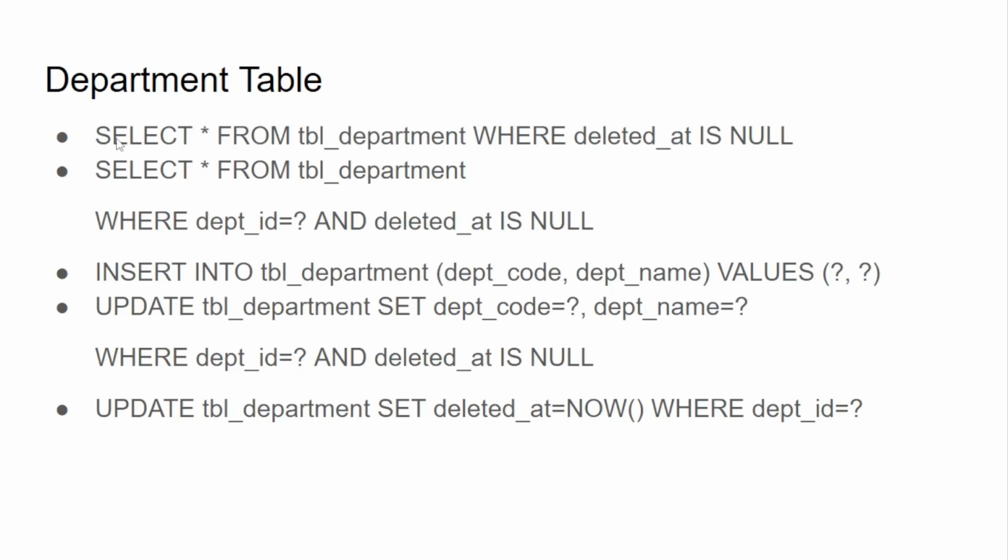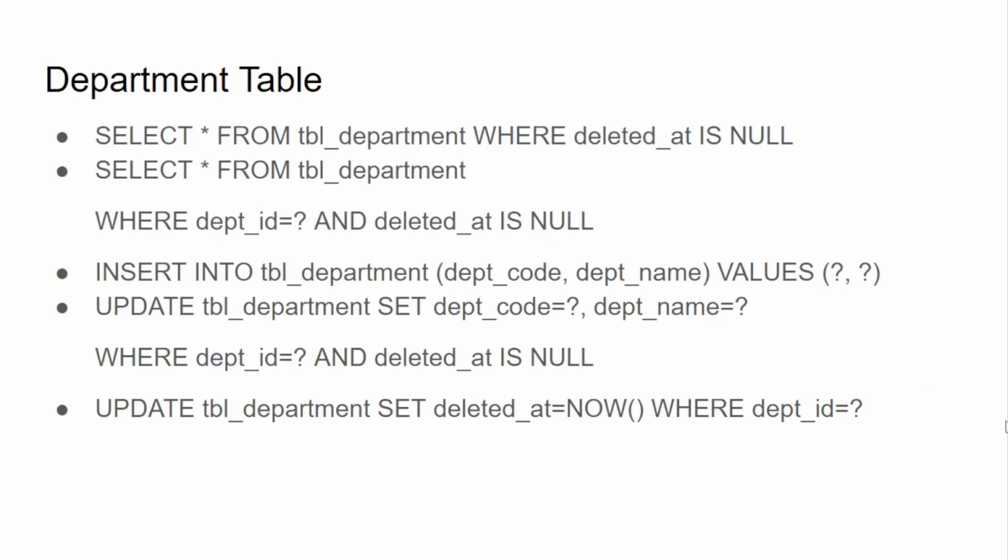And then this part right here, we added some verifications. So this query, select all from table department where deleted at is null. So this just means that we can only get all the department values, all the columns from the department where it's filtered, so it only gets those values that are not soft deleted.